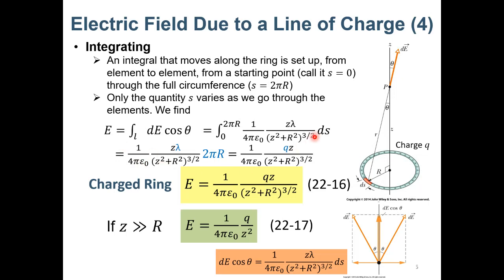This is a constant, and actually this is also constant. This is not related to s, because no matter where ds is, dE has the same magnitude, which means that this integral is pretty trivial.